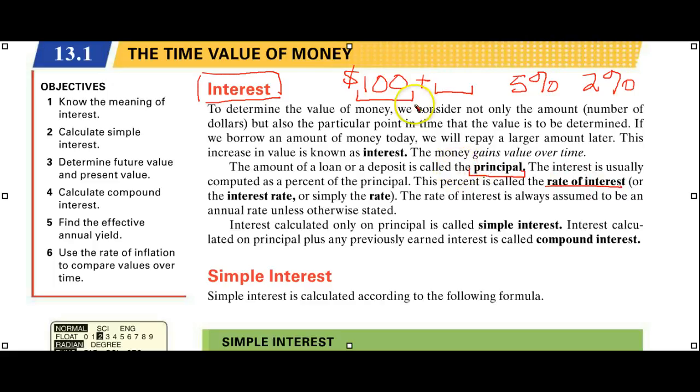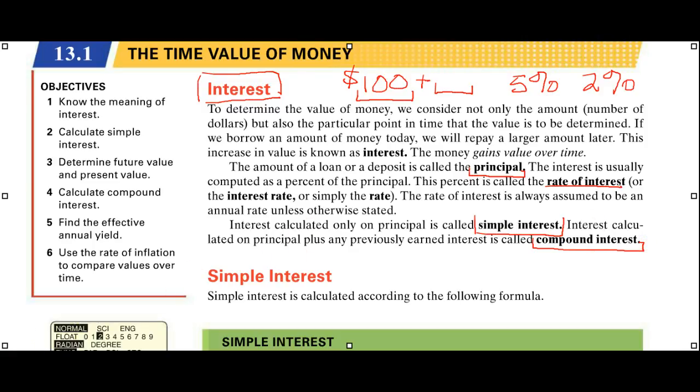Now, what we'll be looking at as we go through this section will be types of interest. Simple interest is one we'll be looking at first, and then later compound interest.